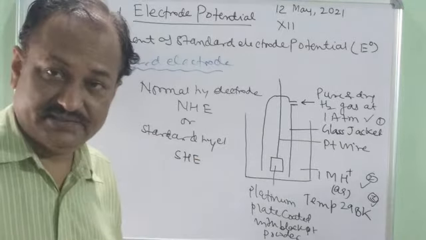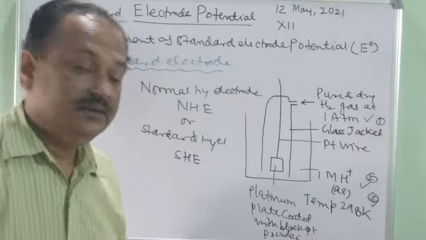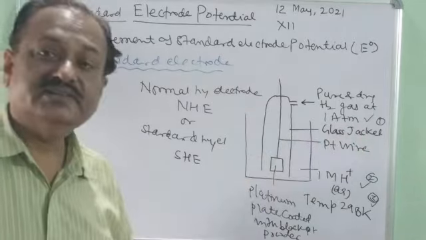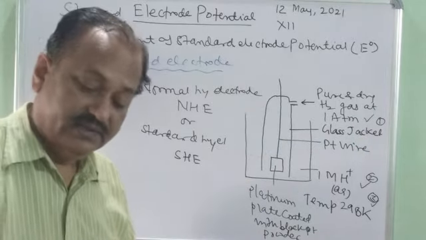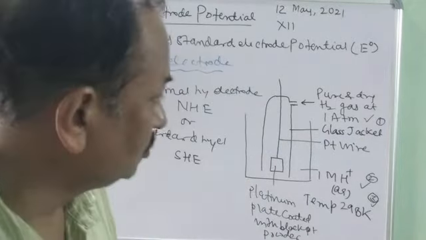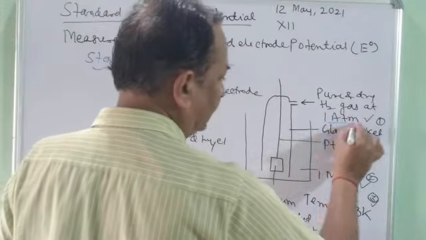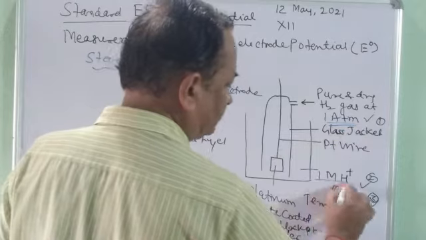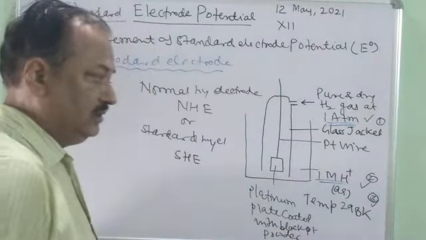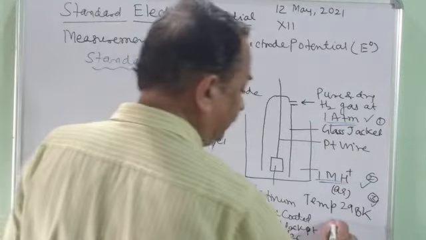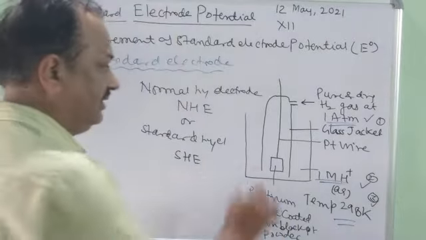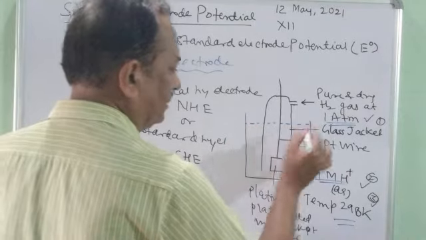NHE or SHE, both are the same, because the three conditions have to be maintained. The pressure of the hydrogen gas passing through the tube should be 1 atmosphere, the concentration of acid should be 1 molar, and the temperature should be 298 K.